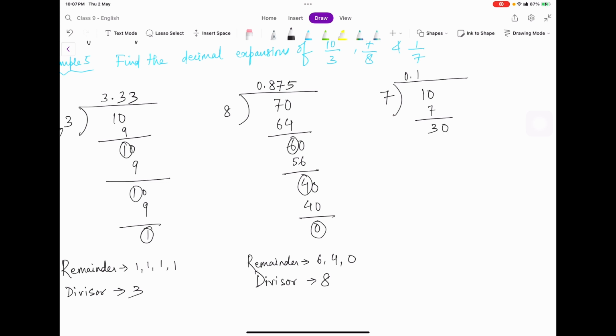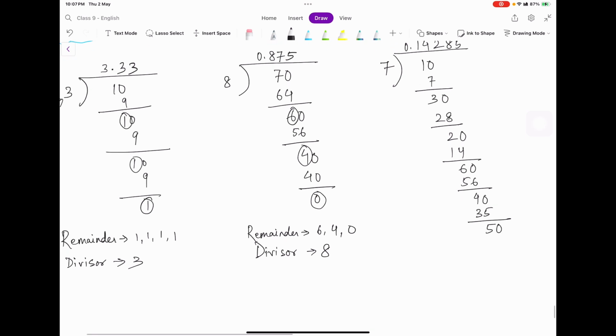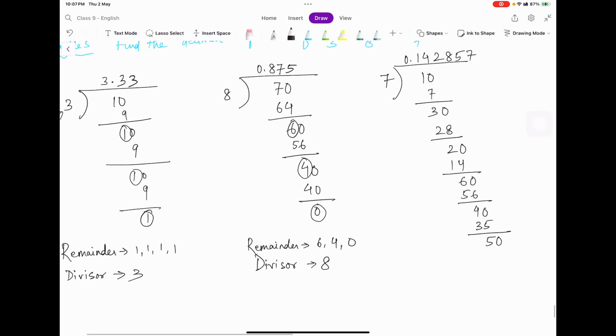We will add a 0. 30, 4 times 7 is 28, 2 is the remainder. 20, 2 times 7 is 14, 6 is the remainder. 60, 8 times 7 is 56, again 4 is the remainder. 40, 5 times 7 is 35, 5 is the remainder. 50, 7 times 7 is 49, 1 is the remainder.